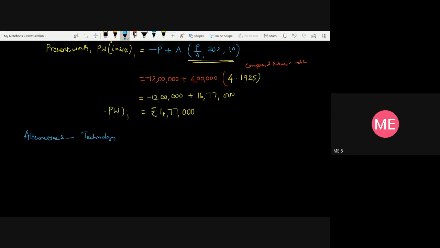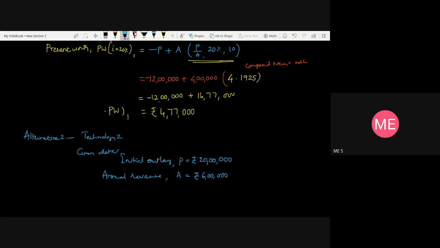The given data for technology 2: the initial outlay, as usual, will be taken as P, that is the initial expenditure at time 0, given as rupees 20 lakhs. Then he has given that the annual revenue is 6 lakhs, taken as A, that is rupees 6 lakhs.